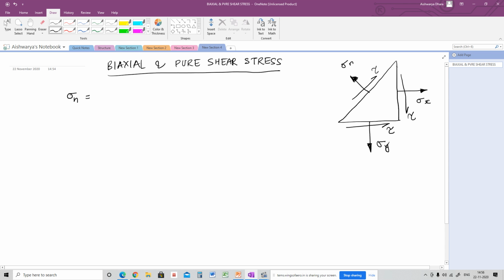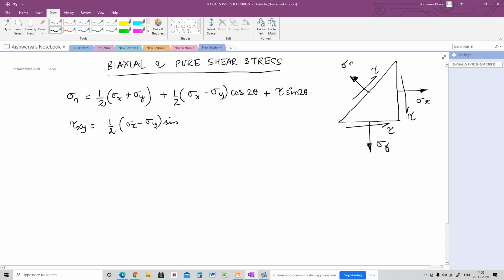Sigma n equals half of sigma x plus sigma y, plus again half of sigma x minus sigma y cos 2 theta plus tau sine 2 theta, and tau xy defines half of sigma x minus sigma y sine 2 theta minus tau cos 2 theta.